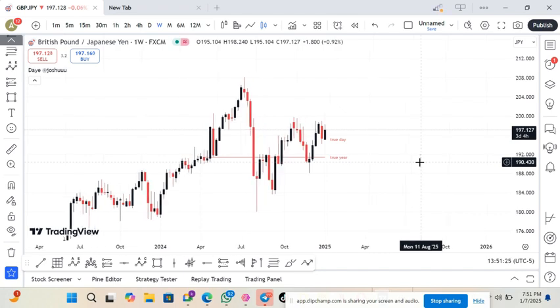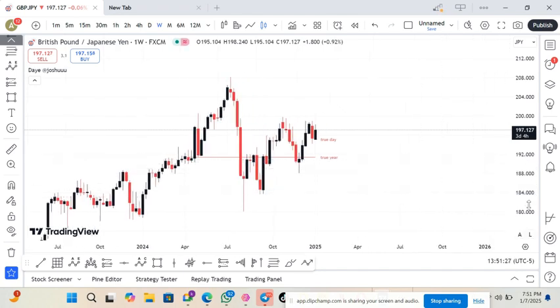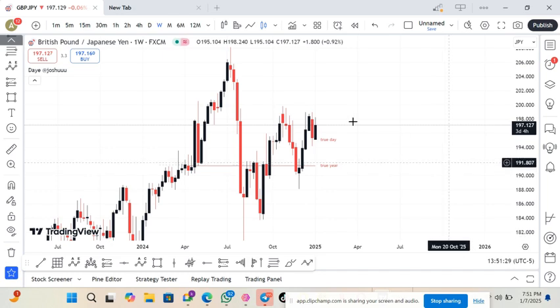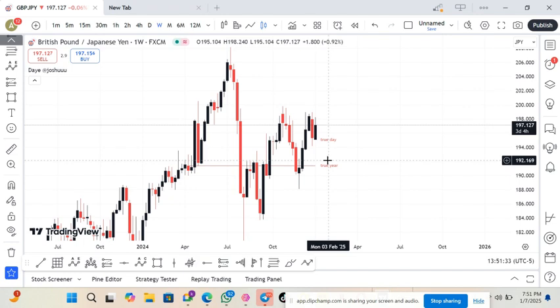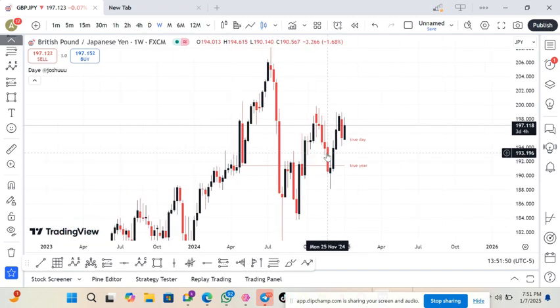A few people that have watched my videos by now should be able to spot that, but I want to elaborate the concept further so that it is easier to spot. I'm going to be using GBPJPY.